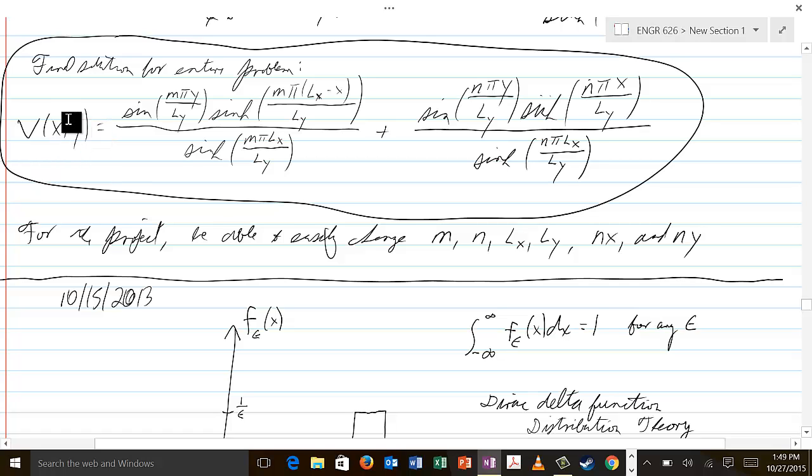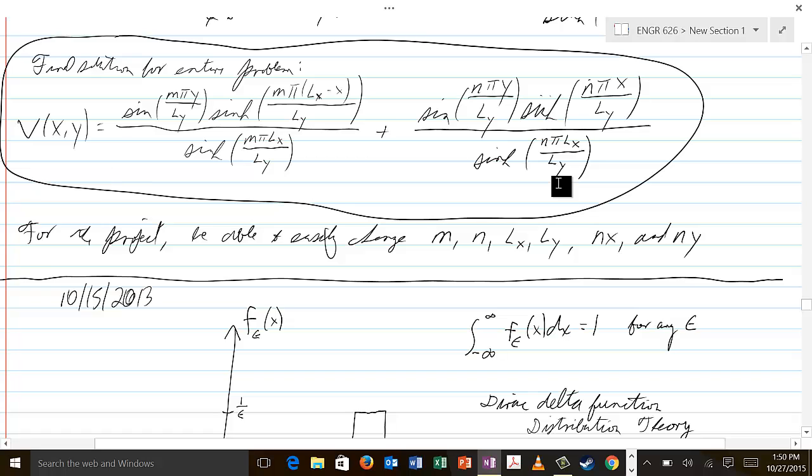V at an arbitrary x and y is equal to the sine of m pi y over Ly times the sinh of m pi (Lx minus x) over Ly divided by the sinh of m pi Lx over Ly, plus the sine of n pi y over Ly times the sinh of n pi x over Ly divided by the sinh of n pi Lx over Ly.